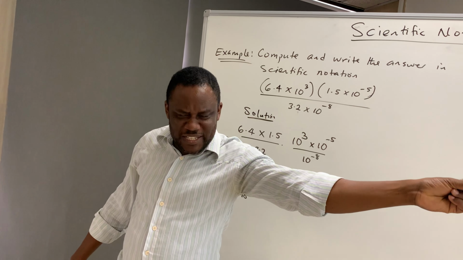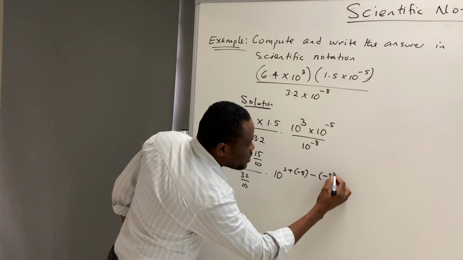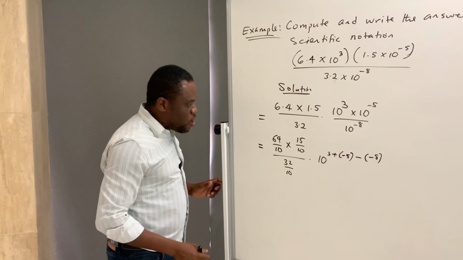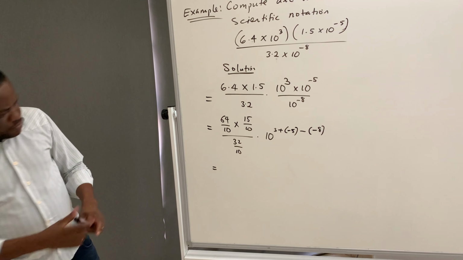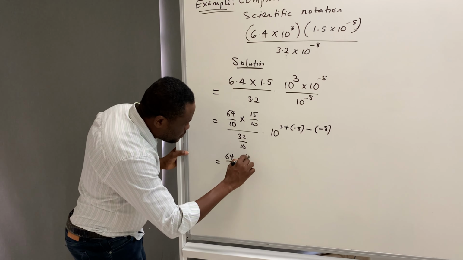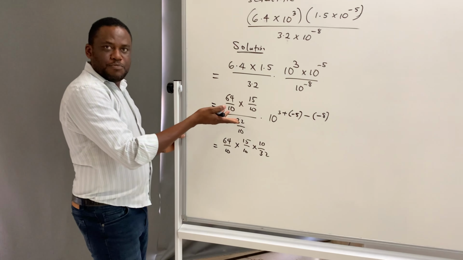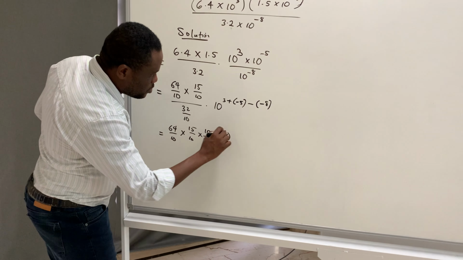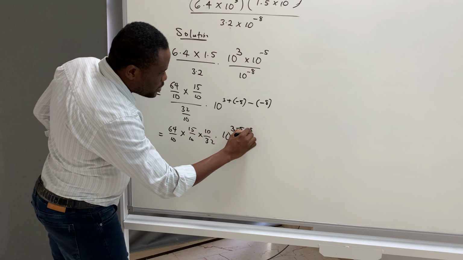You see the application? Minus minus 8. The minus comes from the division and the original minus from the 8. So for this one, quickly, I can write it as 64 over 10 times 15 over 10 times 10 over 32. You agree? Division becomes multiplication and you find the reciprocal of it. Times this one, now becomes 3 minus 5 plus 8.